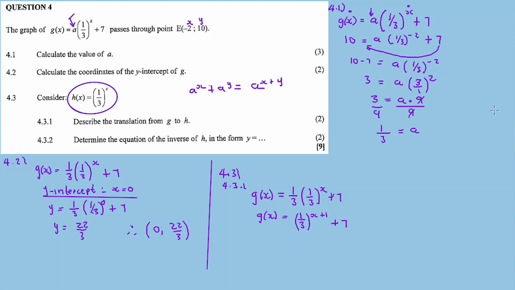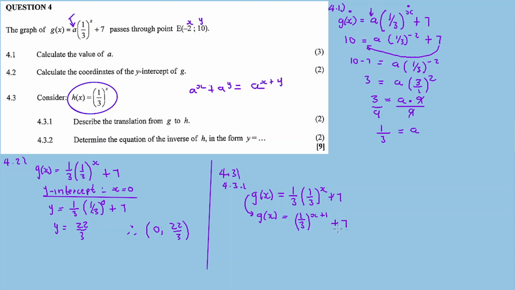Now I have to describe the transformation from this G to that. Remember, I started by bringing it here. The reason I do so is because it becomes much more comprehensive. If I write it this way, there's a translation on the x-axis, as well as a translation on the y-axis, right?